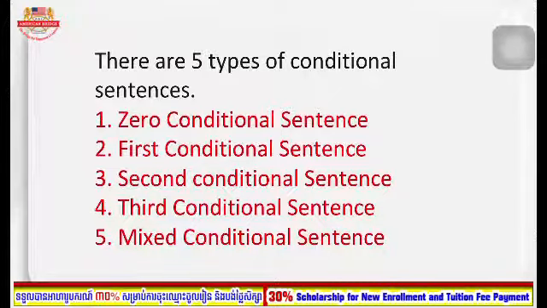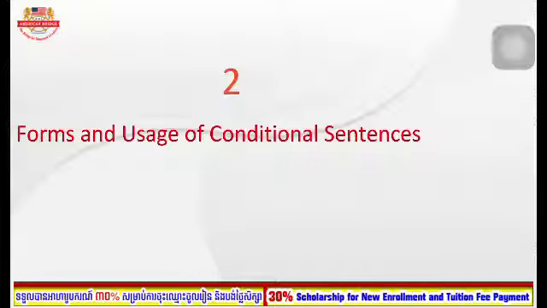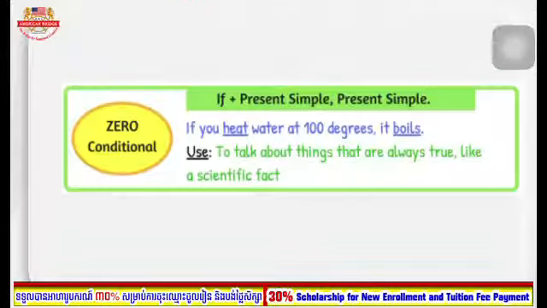In part two, we are going to review the form and usage of conditional sentences. Number one is zero conditional. The form of zero conditional is: if plus present simple, comma, present simple.